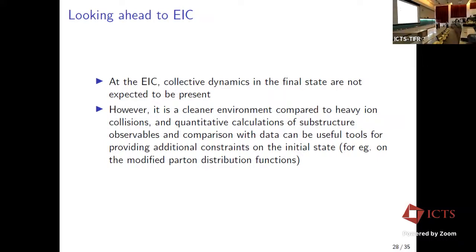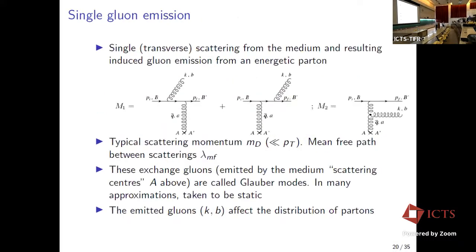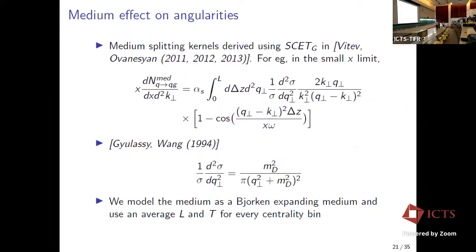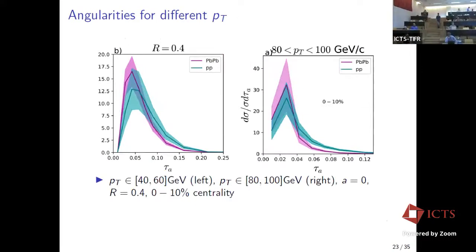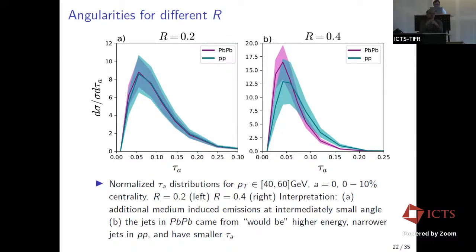Thank you. Other questions? Yeah, go ahead. Something like the plot where there was r equal to 0.2 and 0.4, right? If I look at this, the relative uncertainty between PP and lead is quite drastic, right?